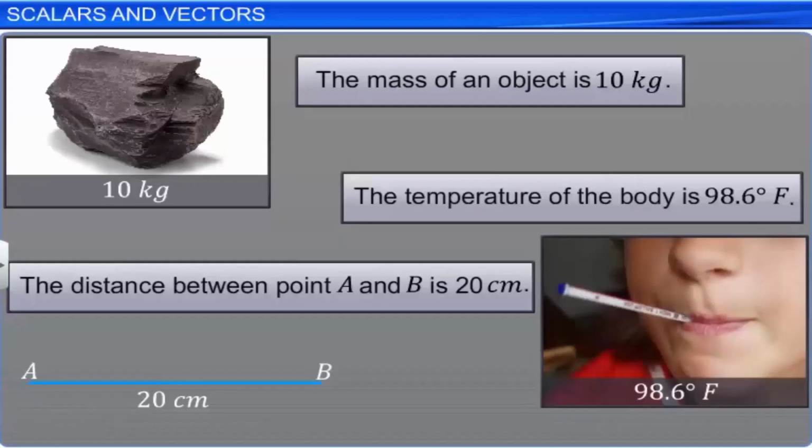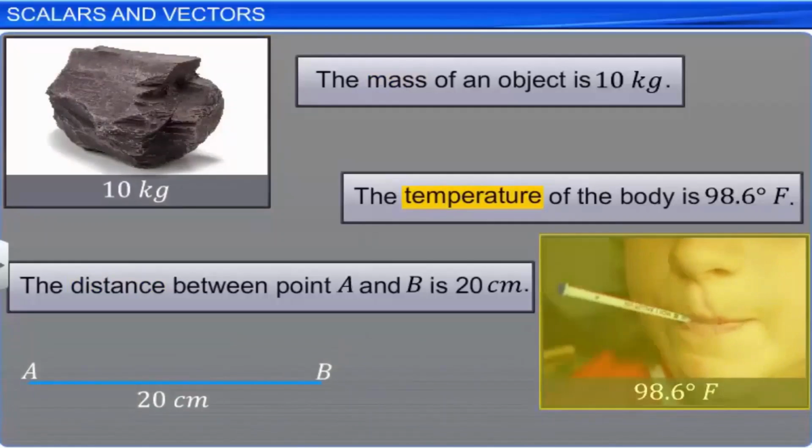A number along with a unit that represents the measure of a physical quantity is called its magnitude. Thus, mass, distance, and temperature are scalars. As with numbers in elementary mathematics, scalars can be added, subtracted, multiplied, and divided.